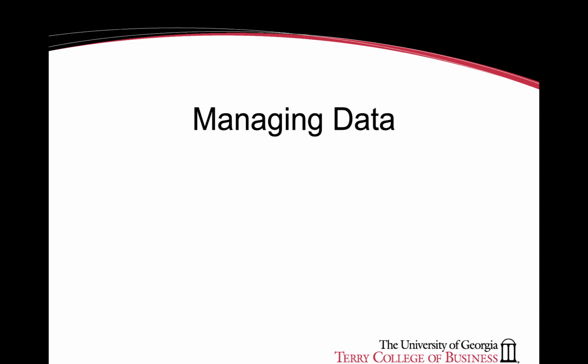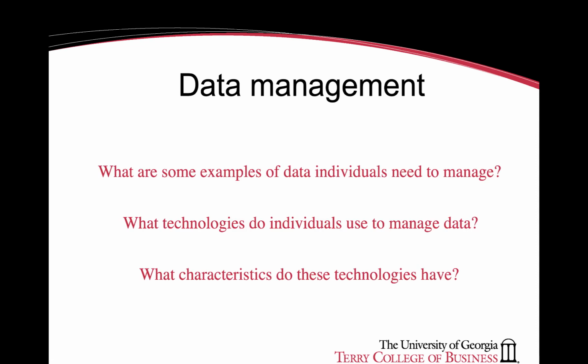We can start small by first talking about problems and examples of data that individuals might need to manage. Think of instances in your own life about data that you need to manage, and the technologies that you might actually use to manage that data, and the characteristics of these technologies.